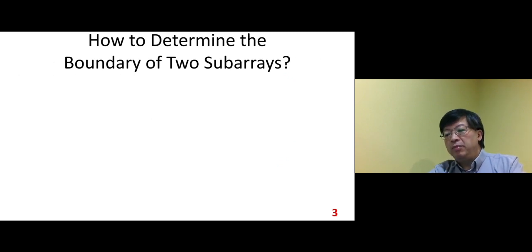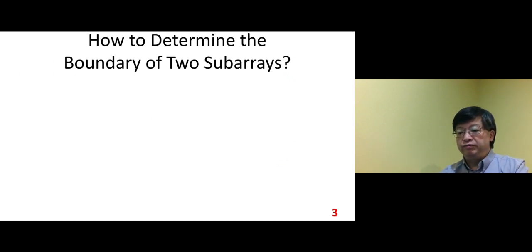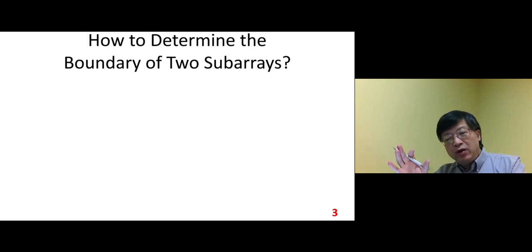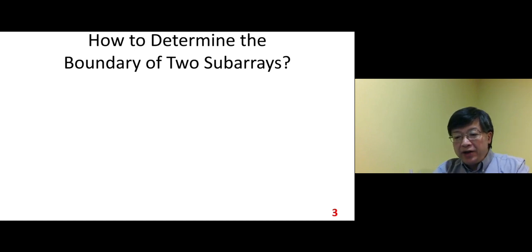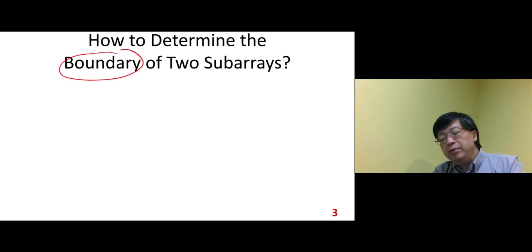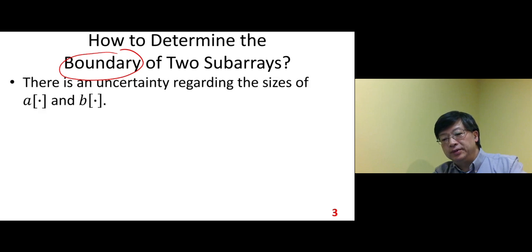How to determine the boundary of two subarrays? Because for the two subarrays, we need some element to separate them. So that is the boundary element we want to find.